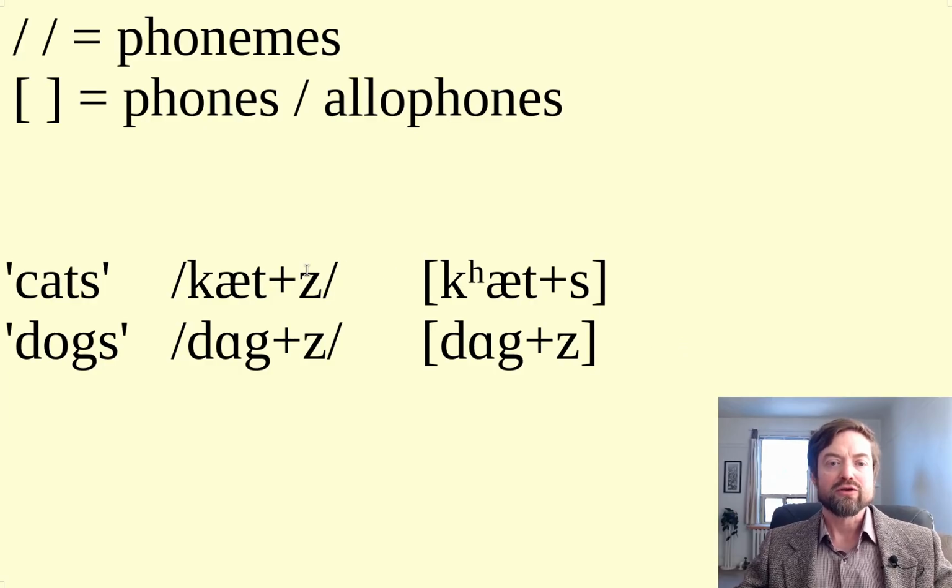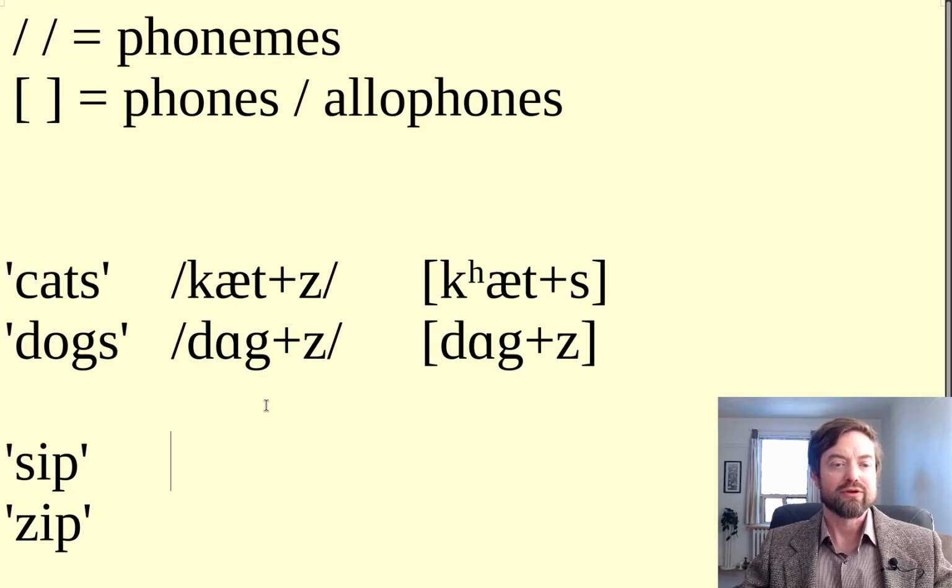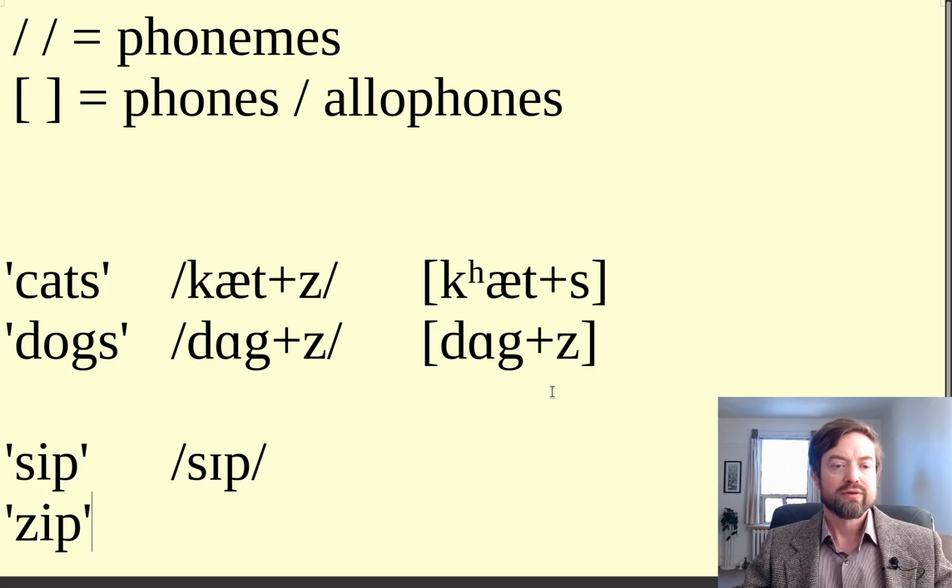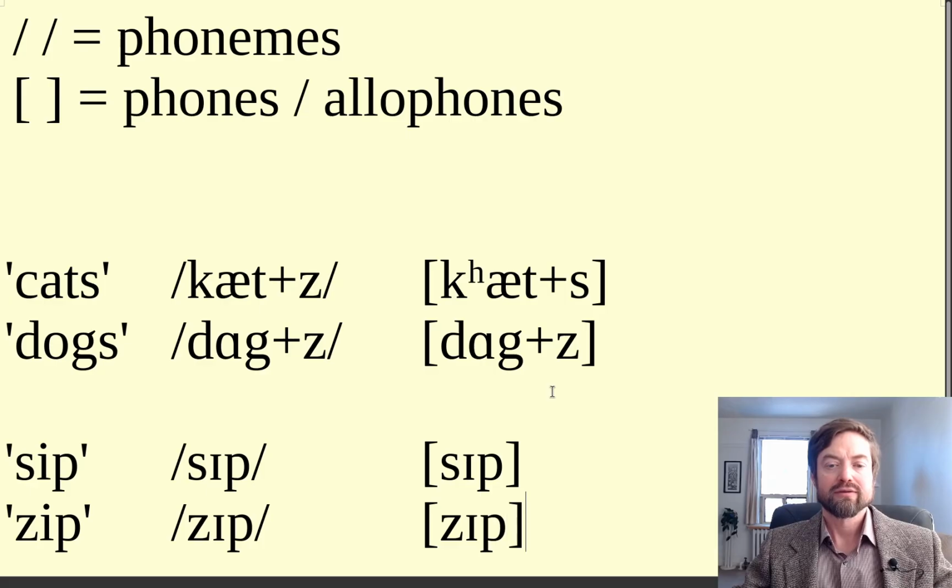Like, here you see this S and Z, that they both correspond to this phoneme Z here. But you can see other examples, like if you had sip and zip, those are clearly different sounds, different words. And so you have sip, you have zip, different phonemes, and also different allophones here.